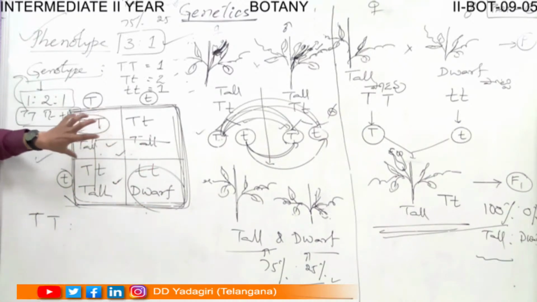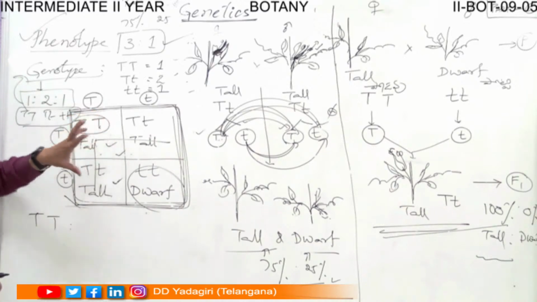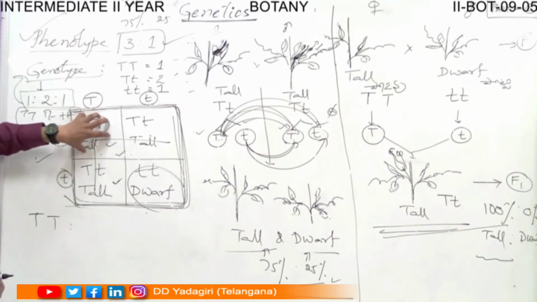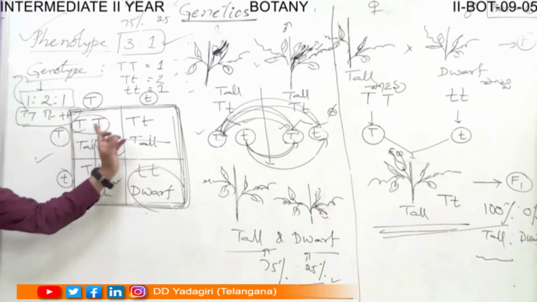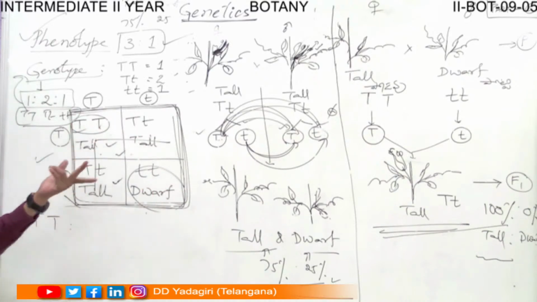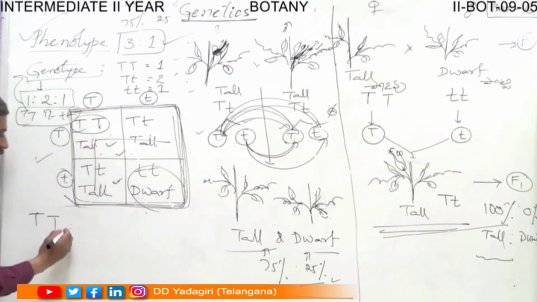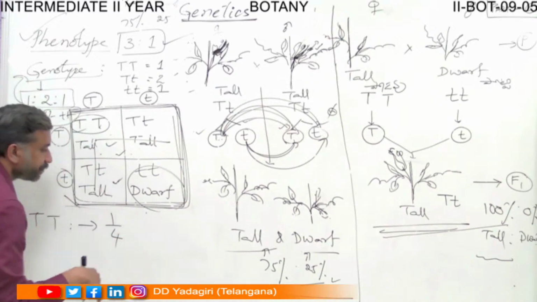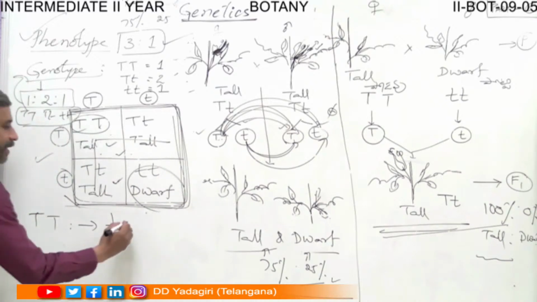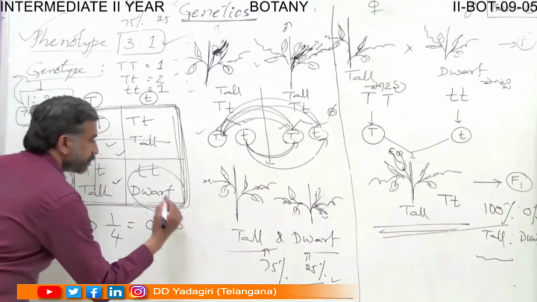This is an event. How many times does the production of plants with capital T occur? Out of 4 chances, that is nothing but the probability. So the probability of capital T tall plants is 1/4, that becomes 0.25.